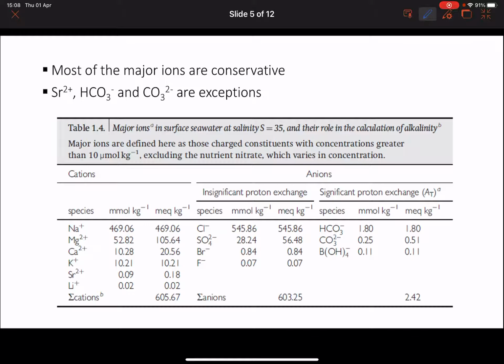Most of these species have a conservative distribution. Exceptions, of course, are bicarbonate and carbonate, and strontium. But the rest of them essentially behave conservatively. So when we think of salinity, you might just think salt, so sodium chloride, but it's actually these other major ions as well.